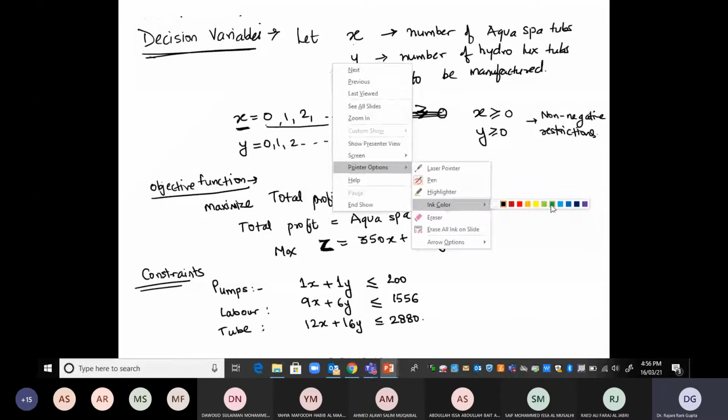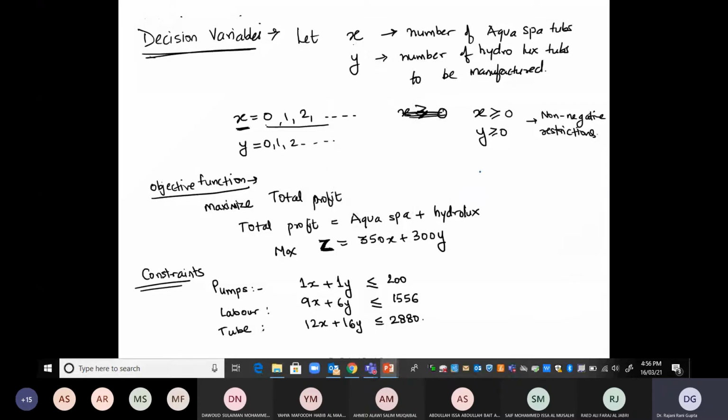So when we write the formulated LPP, we use X and Y with X and Y greater than or equal to 0.